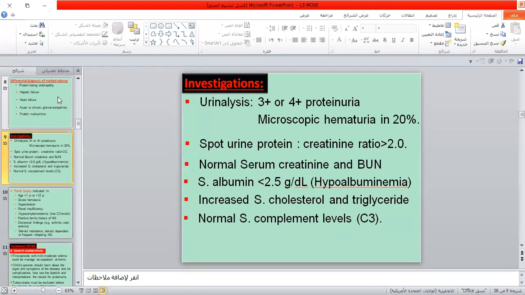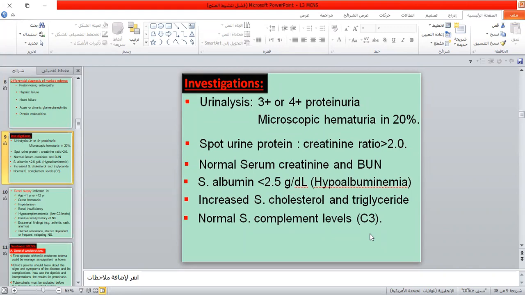In post-streptococcal glomerulonephritis, C3 level is very low, while in nephrotic syndrome it is normal.